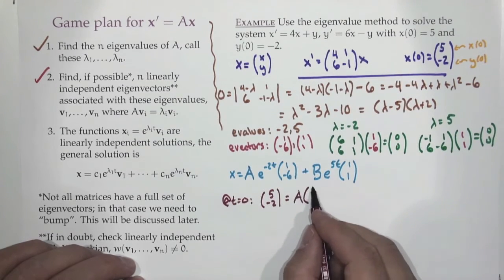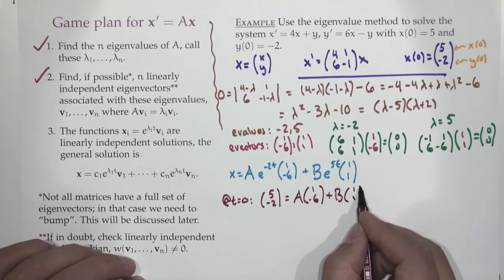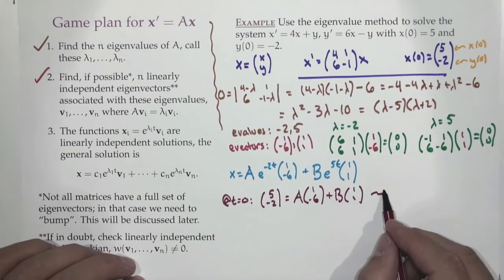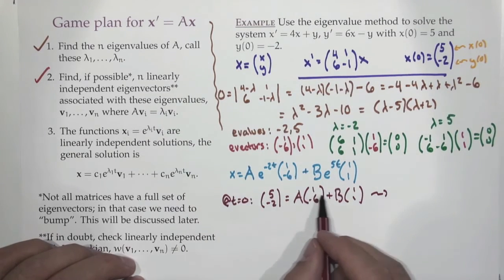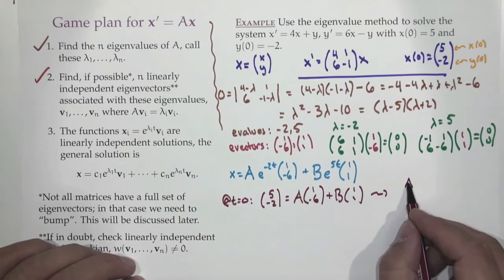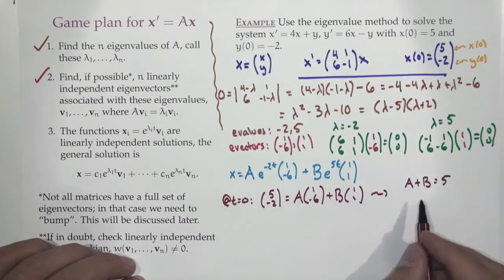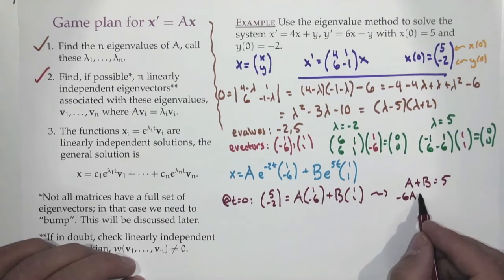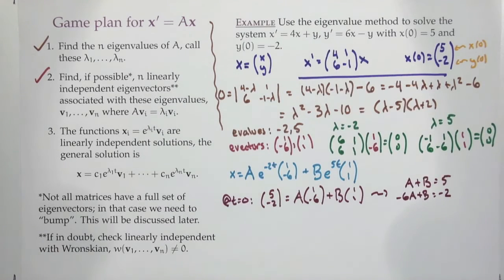So that's a times 1, negative 6 plus b times 1, 1. Which really is saying we have two equations. One equation, if we read the top entries, says a plus b equals 5. If you read the bottom entries, minus 6a plus b equals negative 2. So what can we do?